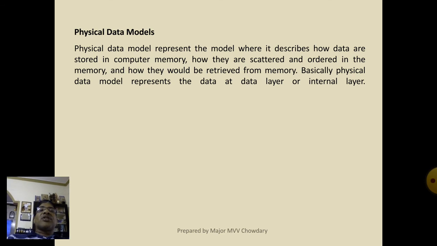The last model is the physical data model. Physical data model describes how data are stored in computer memory, how they are scattered and ordered in the memory, and how they would be retrieved from memory.